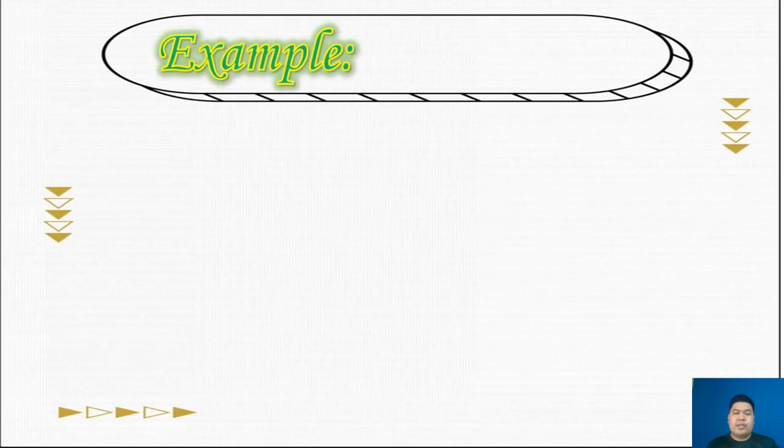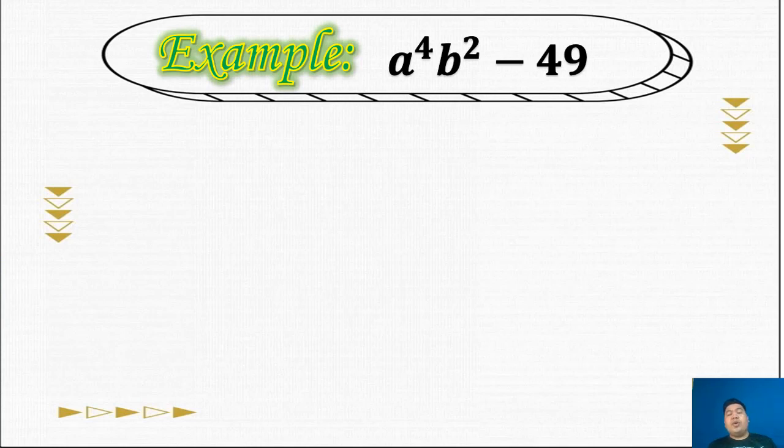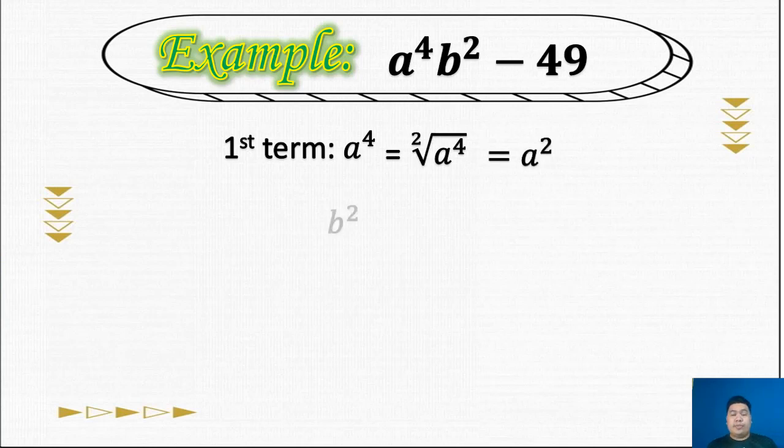Okay, next we have a raised to 4 b squared minus 49. Our first term is a raised to 4. Now let's get the square root of a raised to 4. The square root of a raised to 4 is a squared. Then we have b squared. The square root of b squared is b.